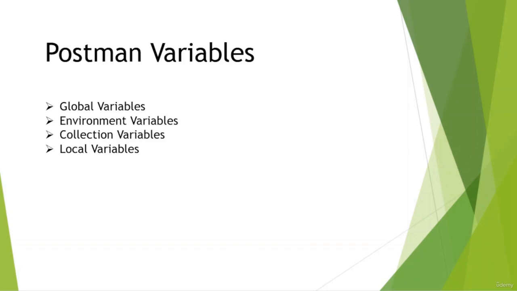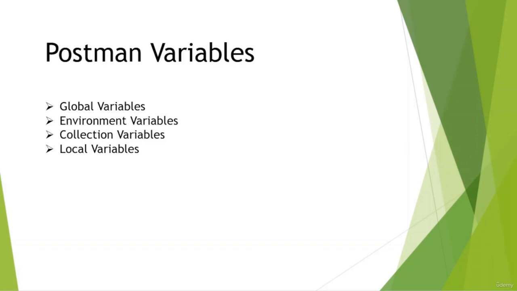In Postman, variables allow you to store some data for some time, which can be reused later somewhere else. There can be 4 types of variables in Postman, depending upon their scope. The first one is the global variable. A global variable is a variable which is created at one place but can be used anywhere in Postman.